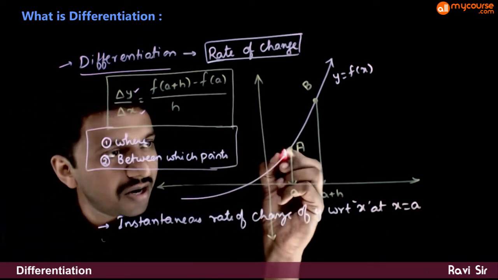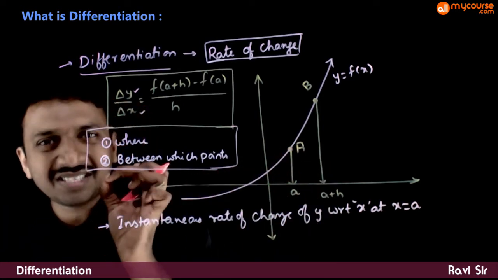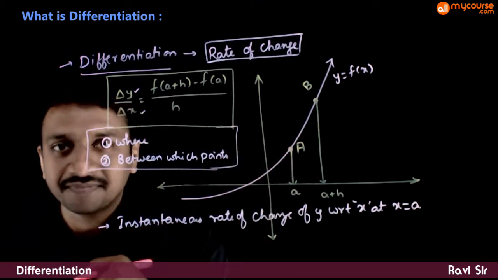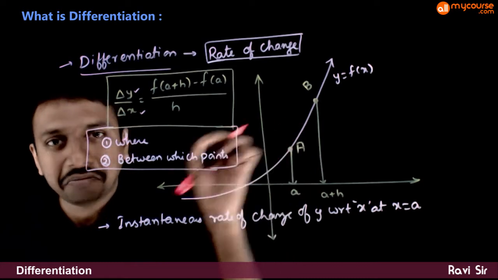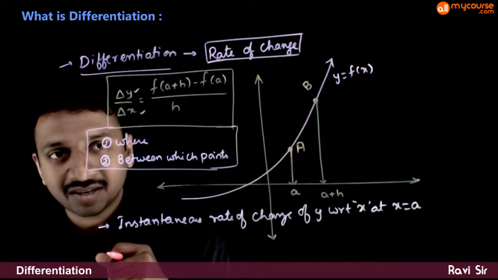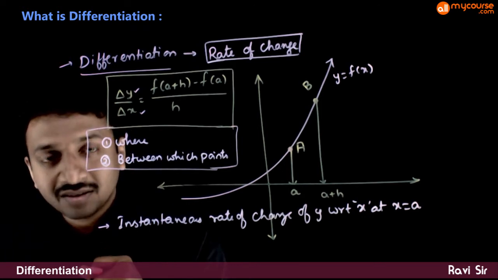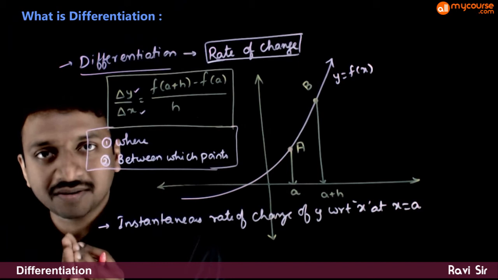It is corresponding to the point where x is equal to a. What is the instantaneous rate of change? That is, exactly at this point, what is the rate of change? If I ask you exactly at this point, that means I am not giving you 2 different points. If I give you 2 different points, you get the average rate of change between these 2 points.